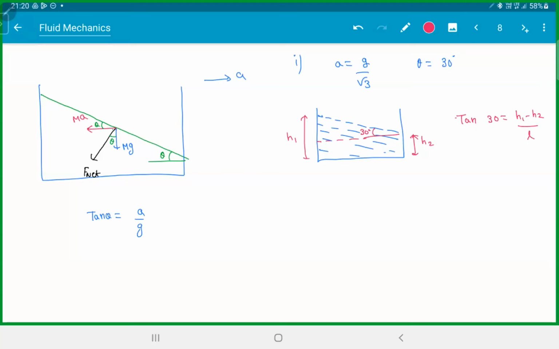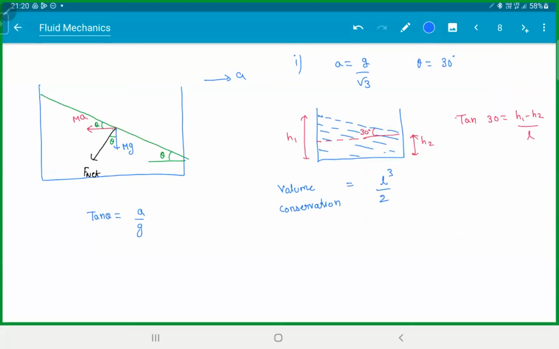That is one equation; where will the second one come from? We got one relation between h1 and h2. We need one more equation. Any ideas? Where will I get the second equation from? Volume conservation, right? Liquid won't spill out, so volume is conserved. So what is the initial volume? L cube by 2, right?